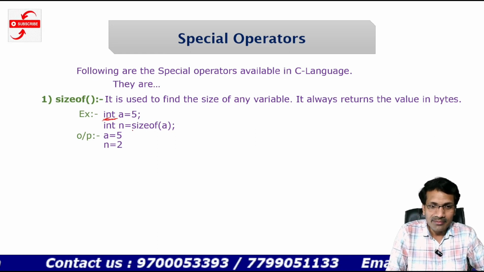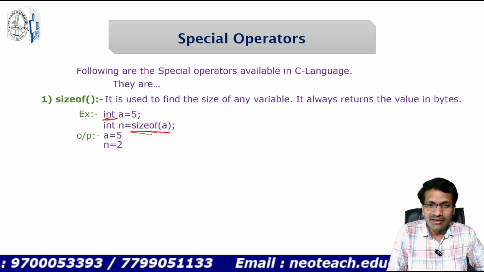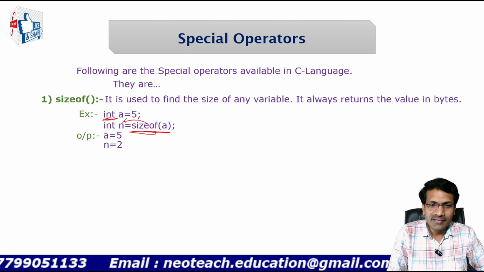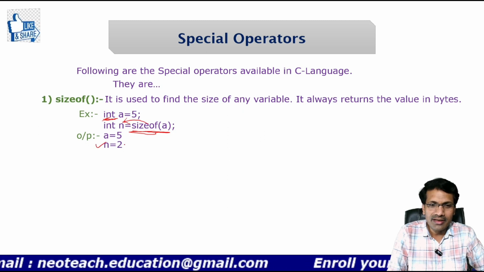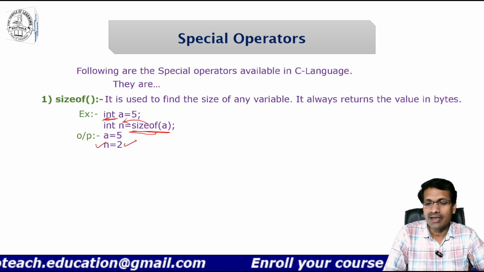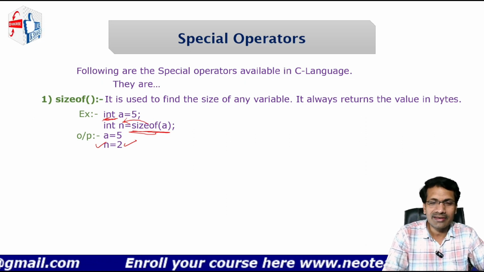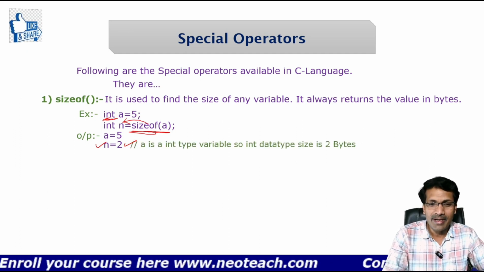Here in this example, the size of a is nothing but the size of integer, that's stored into the n value. So whenever we take an output of n value, we will get 2 only. Like this, we use the sizeof operator whenever you want to find the size of any variable. It returns in the form of bytes.